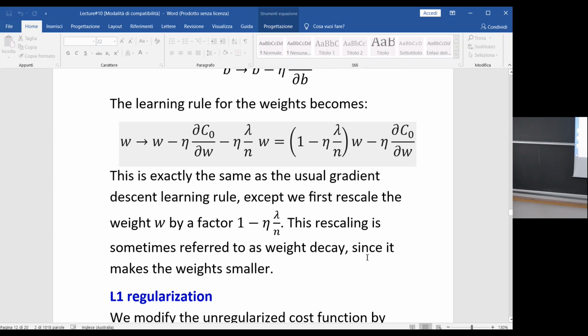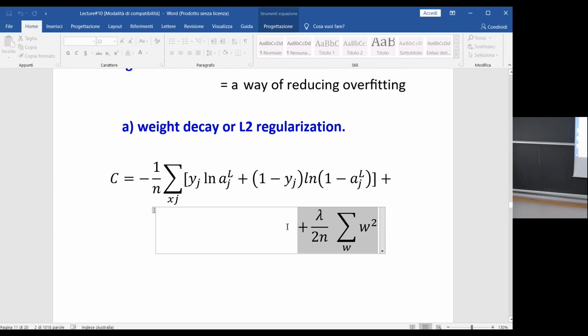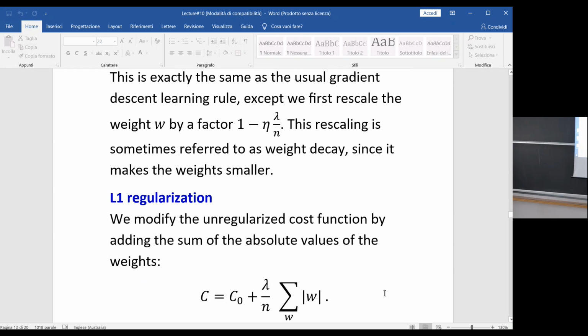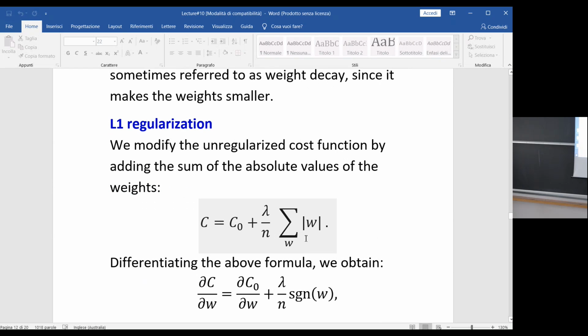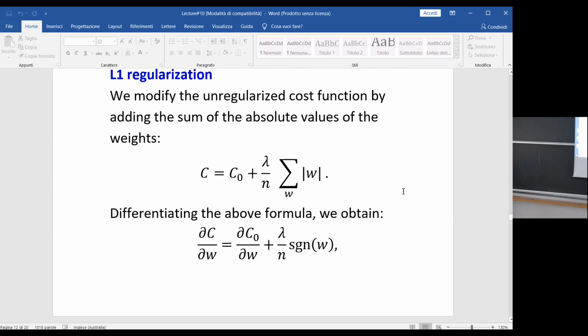It saves us from this. So we can take the summation of squares of weights. It is L2 regularization, and we can also use the summation of the absolute value of W. It is the so-called L1 regularization, because it is the L1 and L2 norm of the Rn space.